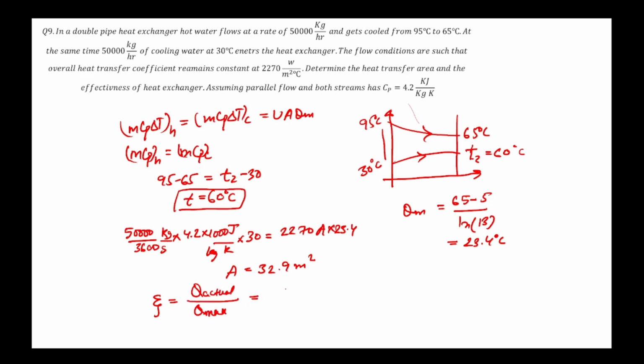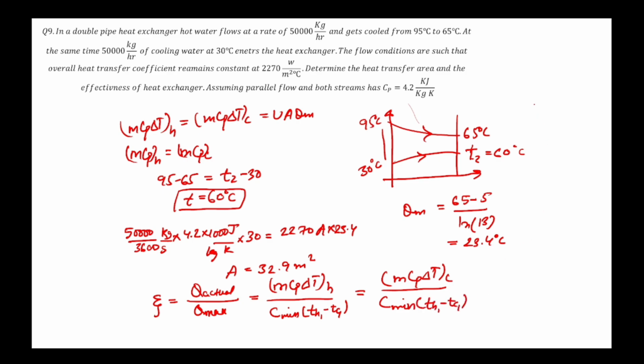So Q actual is equal to mCp delta T of hot fluid divided by C minimum TH1 minus TC1, which is equal to mCp delta T of cold fluid. This will remain the same. C minimum is the product of M into Cp, and in this case mCp is the same, so C minimum will be the same.